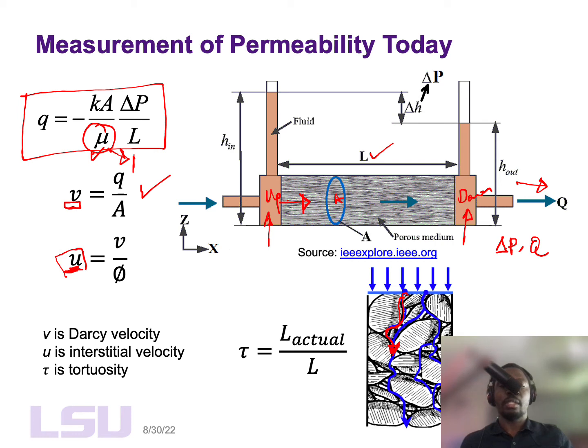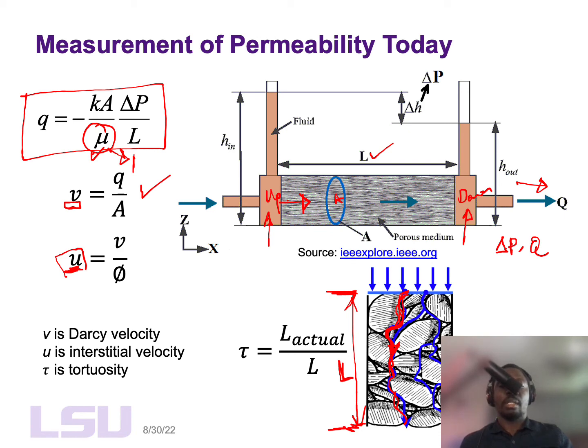The velocity of the actual fluid through this tortuous path is going to be faster than the velocity it will take for the fluid at this point to get to this point, because this length is actually shorter than this tortuous length. So this physical length is L, and then the length of the actual path the fluid takes to go from one point to the other is the actual length, which is the length of the interstices.